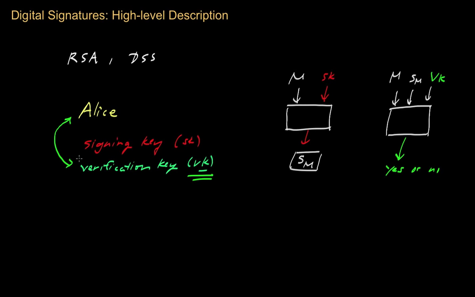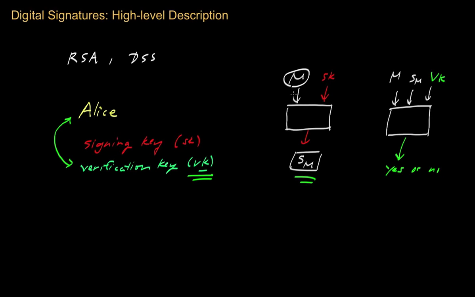So first of all, you'll notice that the transformation that produces the actual digital signature itself, this transformation right here that produces S sub m, basically takes the message as one of its inputs. And what that means is that the signature is dependent on the message.